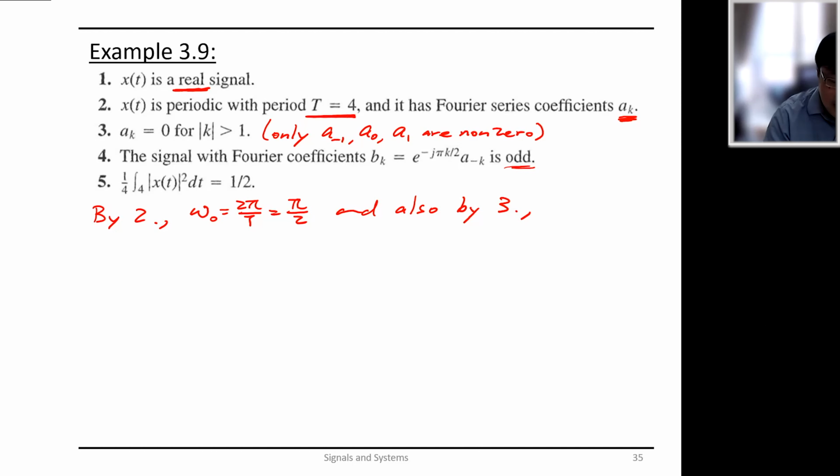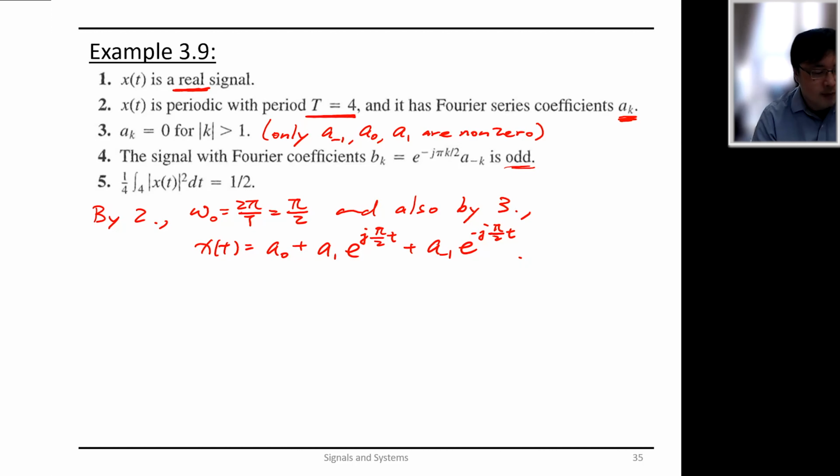So this means that x of t will be equal to a0 plus a1 times e to the j omega naught t, where omega naught is pi over 2, plus a sub minus 1 e to the minus j pi over 2 t.